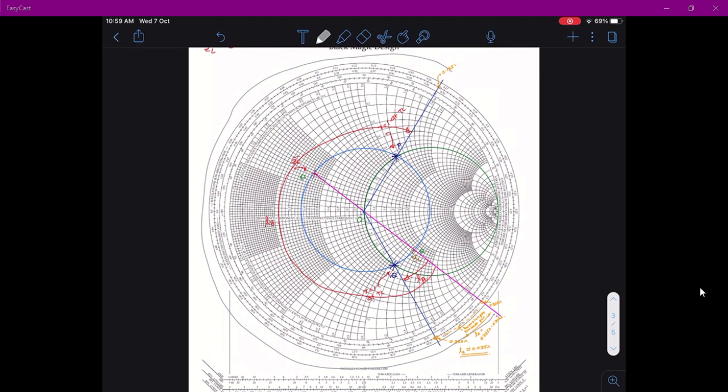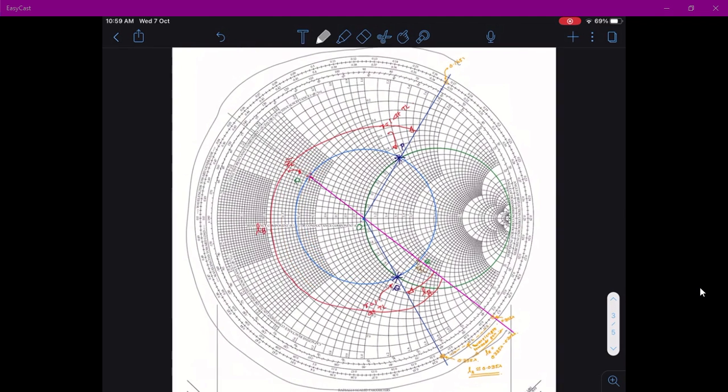If you traverse from this point to here, this will be lambda by 4, because lambda by 2 is 180 degrees on the chart.